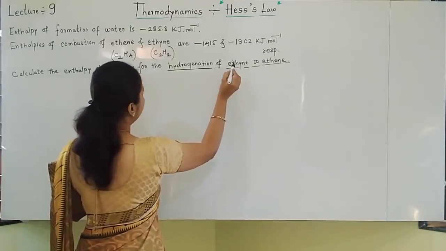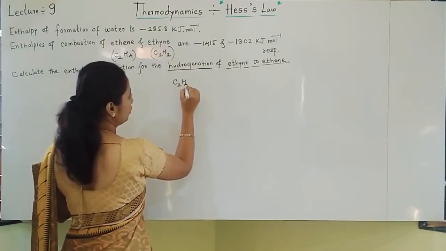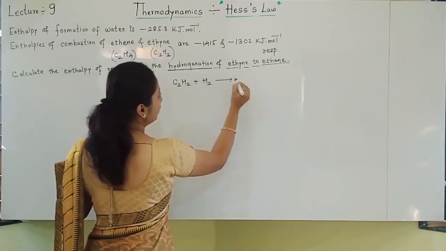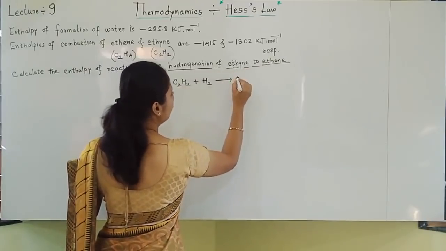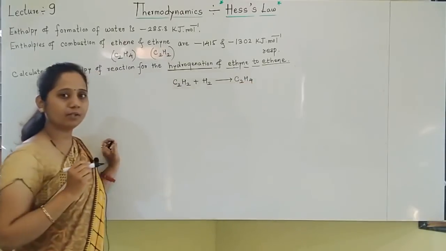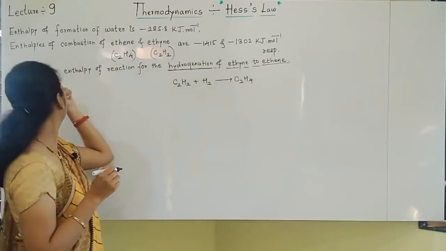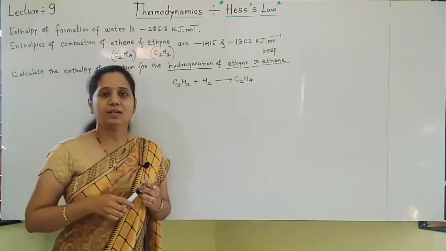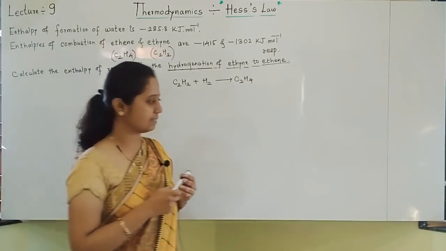Of ethyne. Ethyne means C2H2. Hydrogenation is addition of hydrogen. Hydrogenation of ethyne to ethene, to form ethene. Like this you should understand. Okay. So for this equation you should calculate enthalpy for this reaction. So students, do this homework. In next video I will tell the answer.